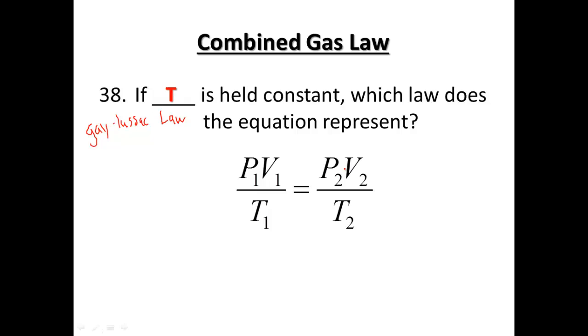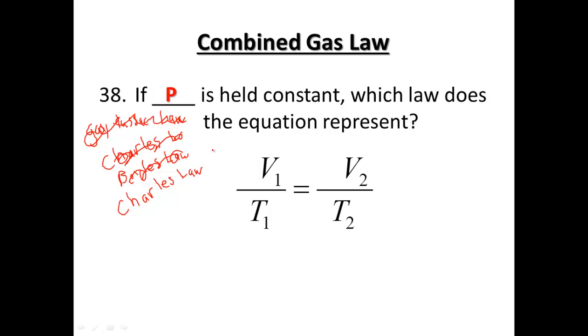Or, if we hold temperature constant, we're going to have Boyle's law, where temperature is constant, so it was removed from the equation. Pressure 1 times volume 1 is pressure 2 times volume 2. And our third one, pressure remains constant. Now we have Charles' law, where pressure can be removed from the equation. Volume 1 over temperature 1 equals volume 2 over temperature 2.